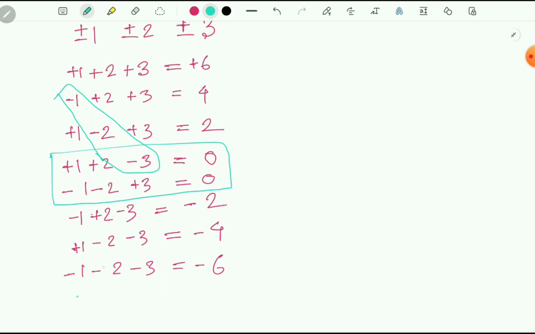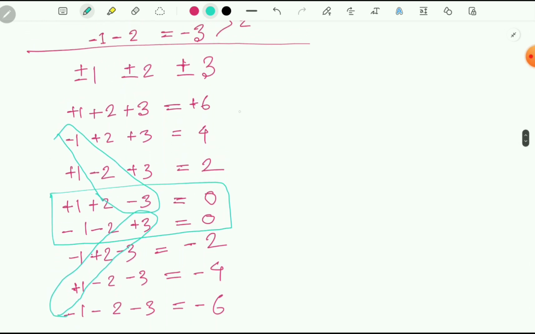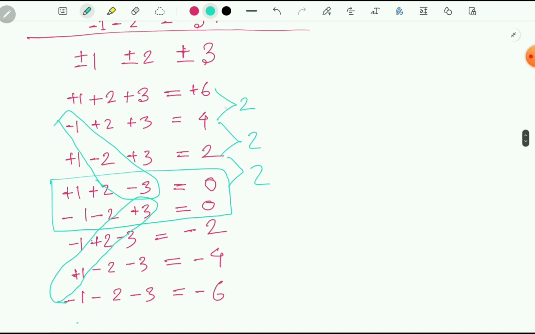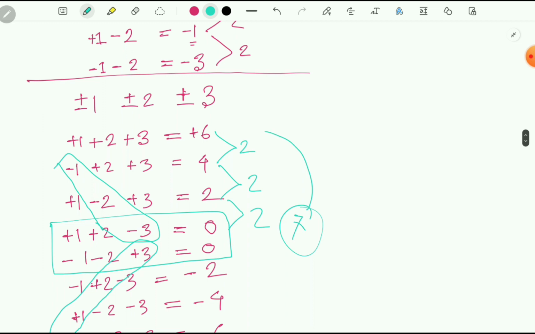Also, take a look here. The difference between these two values 6 and 4 is 2, is always 2, right? Always we get 2. And how many different numbers do we get? 3, 4, 5, 6, 7. We get 7 numbers. So 7 numbers we can relate with the summation.